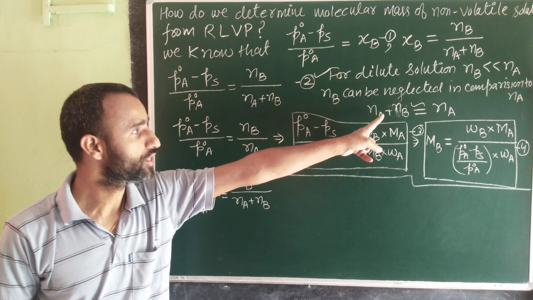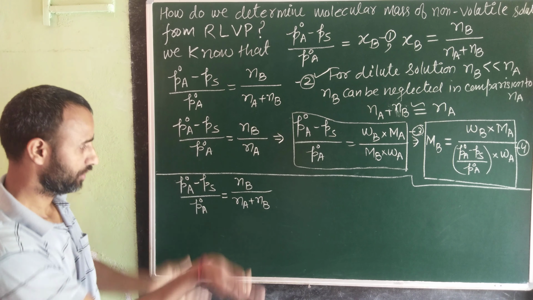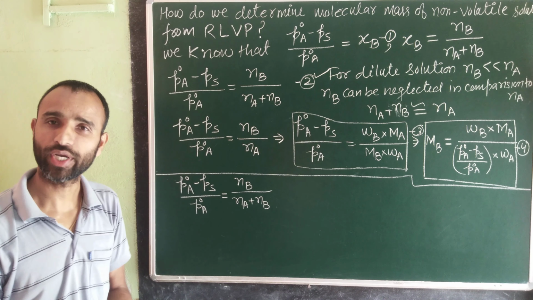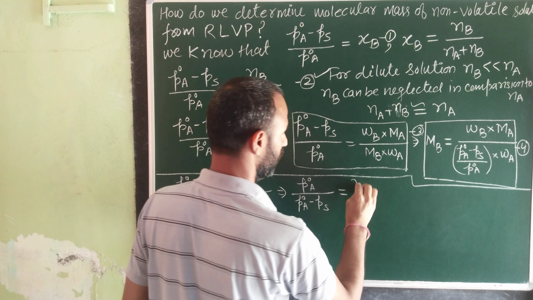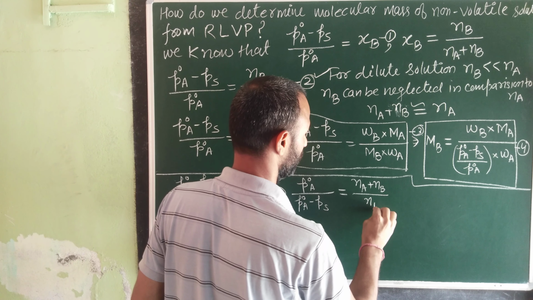We are not using this relation that Nb is very less than Na. Now just reciprocate it. So it becomes P naught A over P naught A minus Ps equal to Na plus Nb over Nb.